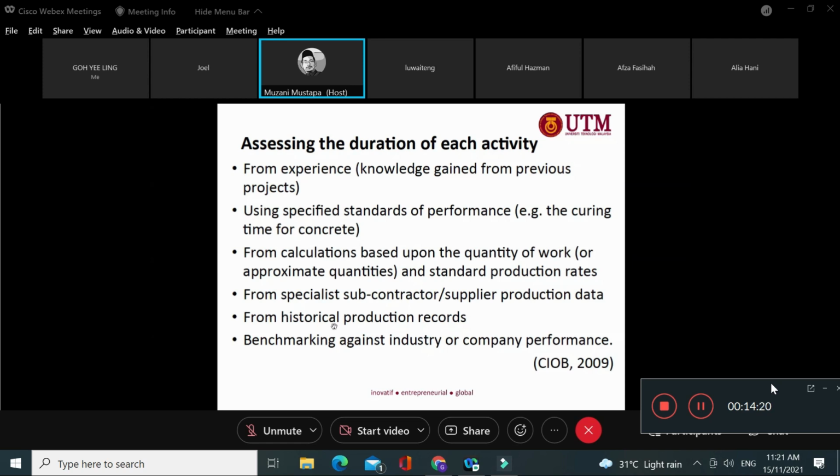And even they have a specialist subcontractor, historical product, or benchmarking against industry or company performance, something like that, right?